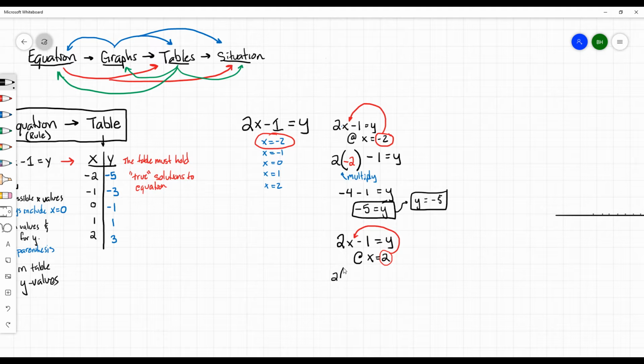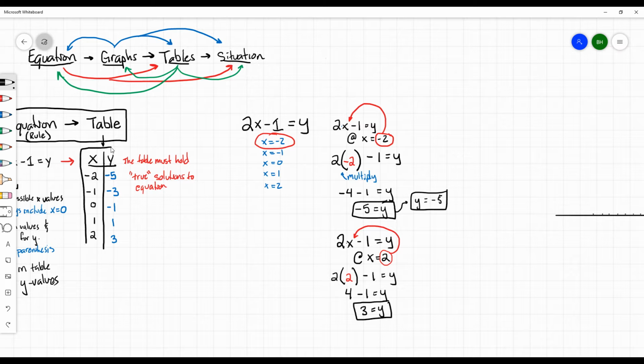So I get 2 multiplied with a value minus 1 equals y, and that specific value is 2. Remember, because I have a set of parentheses and because there is an x term here, these two are multiplying. So I get 2 times 2, which is 4, minus 1 equals y. 4 minus 1 is 3. 3 equals y. Looks like our table is pretty good.